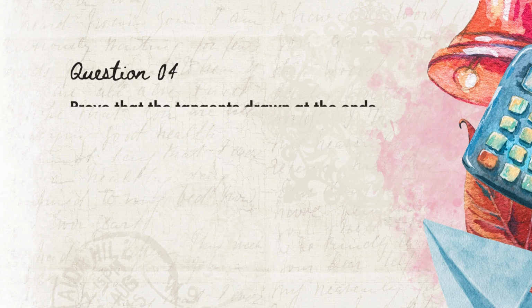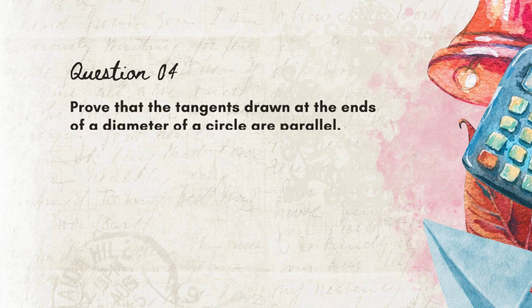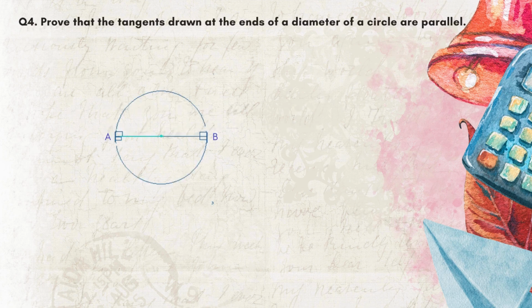Question 4. Prove that the tangents drawn at the ends of the diameter of a circle are parallel. Here AB is the diameter of the given circle, PQ and RS are the two tangents, OA is the radius to the tangent PQ, and OB is the radius to tangent RS.